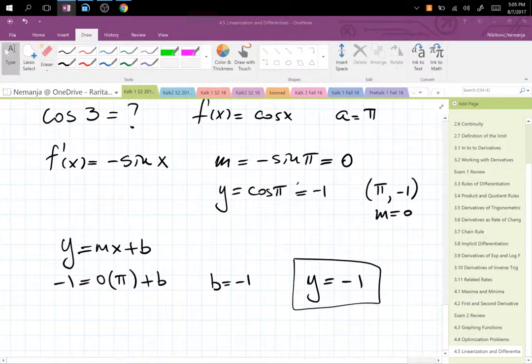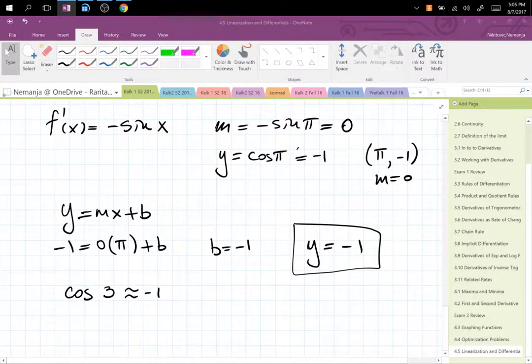So we are claiming that the cosine of 3 is approximately -1. Now your calculator better be in radians if you want to check this. And you type it in.